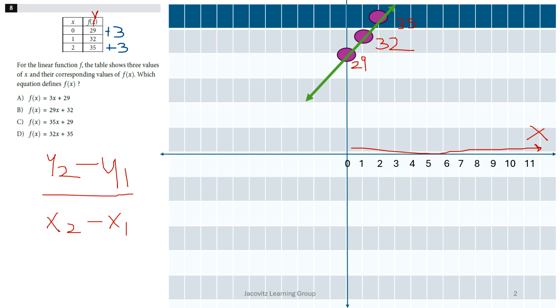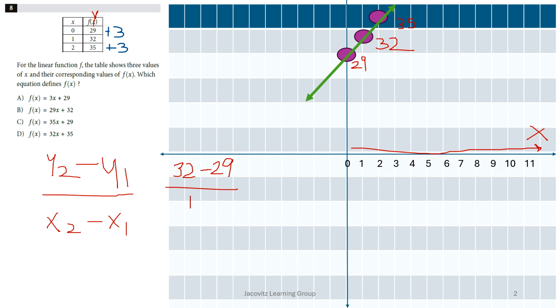Just go y2 over x2, and then you're going to know where it is. The SAT doesn't really use all those other slopes and those discriminant formulas that are in math like they usually use. So what you then do is you would plug in the y2 value, which is 32. Y1 would be 29. You're going to get your slope.